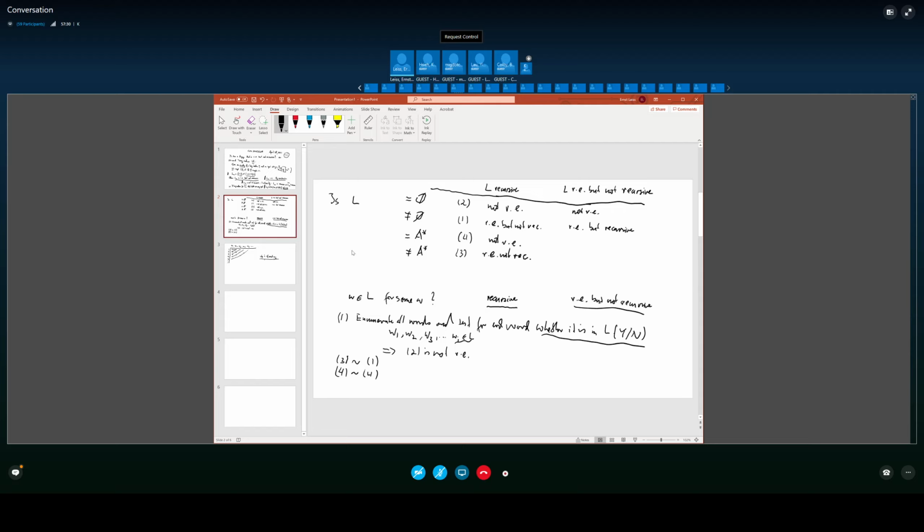The problem with that is that if L is RE but not recursive, if there is a word that is not in the language, which would then show that L is not equal to A star being everything.